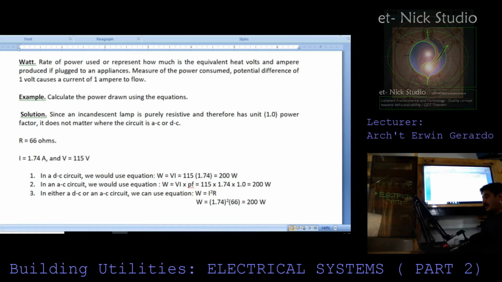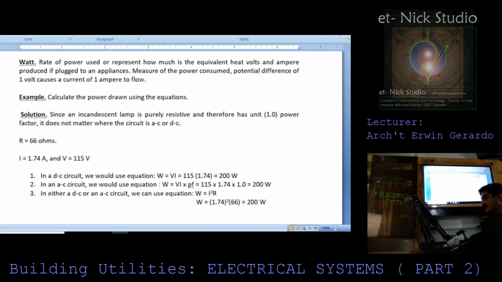So resistance is 66 ohms, I equals 1.74 ampere, and voltage is equivalent to 115 volts.